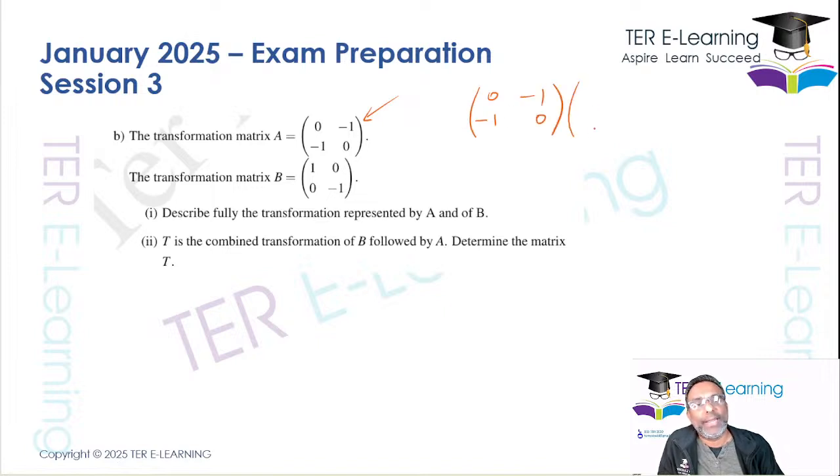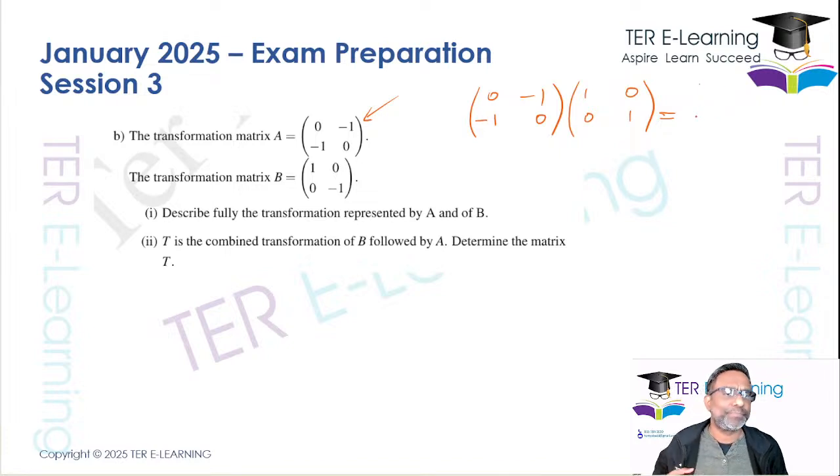If I were to multiply that by our identity matrix, you're going to get the same matrix, 0, minus 1, minus 1, 0.